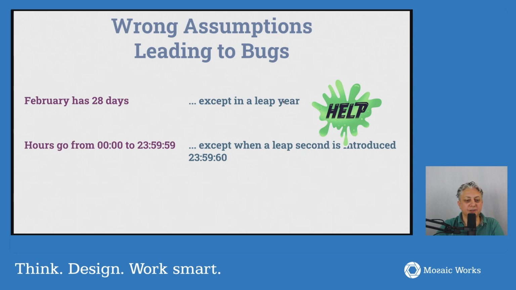Some providers spread that second over a longer period of time. So basically, they slow down the clock a little bit to avoid having the time 23:59:60. It doesn't mean that this will happen for everything, but you need to know that this thing exists because you might have some issues with it in your software.